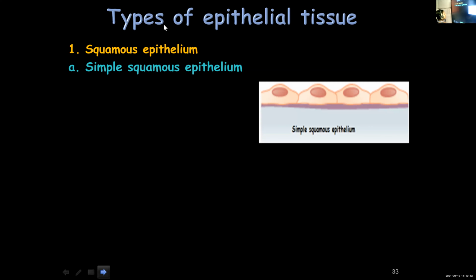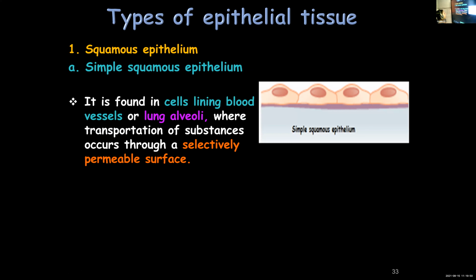First one, simple squamous epithelium. It is found in the cells lining the blood vessels, lung alveoli, etc., where exchange or transport of substances is taking place through a selectively permeable surface.